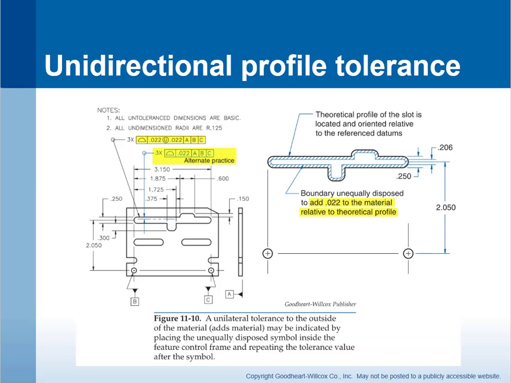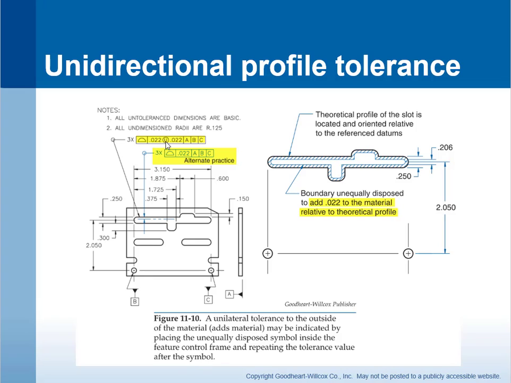Okay, so let's take a look at this. We have 2 practices here for this slot. This is 0.22, the tolerance zone, and it's under by 0.22. So what that means is these dimensions over here, if they were all basic, define our theoretical profile, and the tolerance is 22 thousandths on the inside of that boundary.